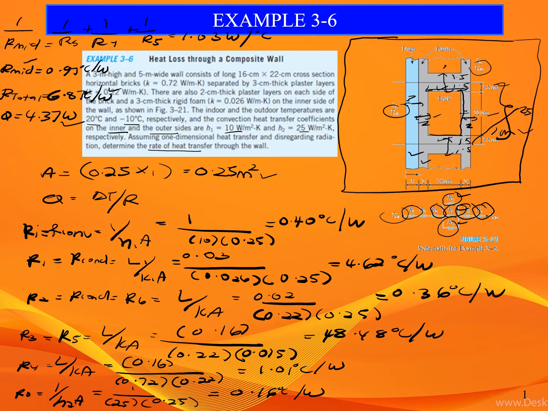So if you want to calculate the heat transfer for the total area, which is 3 meter height times with 5 meter wide, first thing you need to calculate the heat transfer per area. So 4.37 you need to divide by 0.25 first, and then you will get around 17.5 watt.